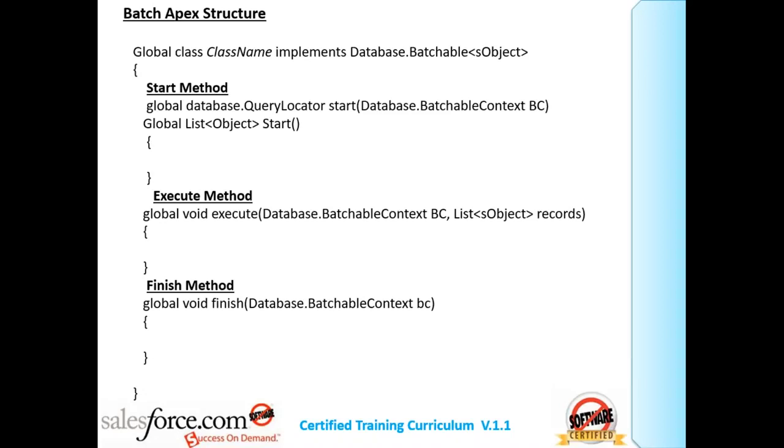He worked for 5 years as president, that means 365 days into 5, almost 1500 or 1600 days. Every day you have to calculate pension, so it is a very complex calculation. We don't use batch apex for such things. Batch apex is not used for processing logic. It is used for processing data, whenever you are performing database operations, data related operations.